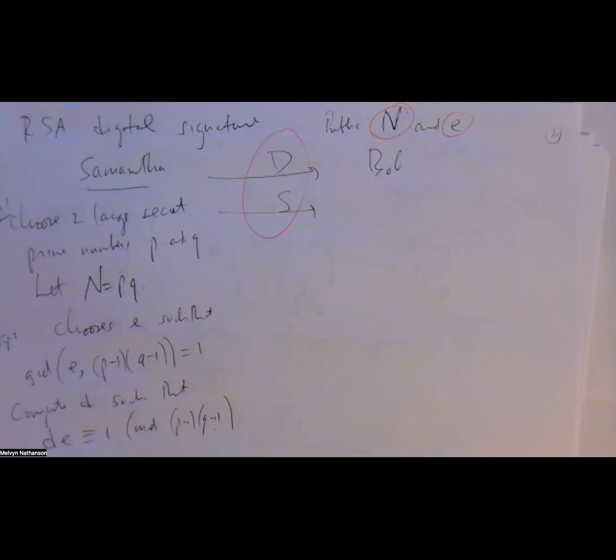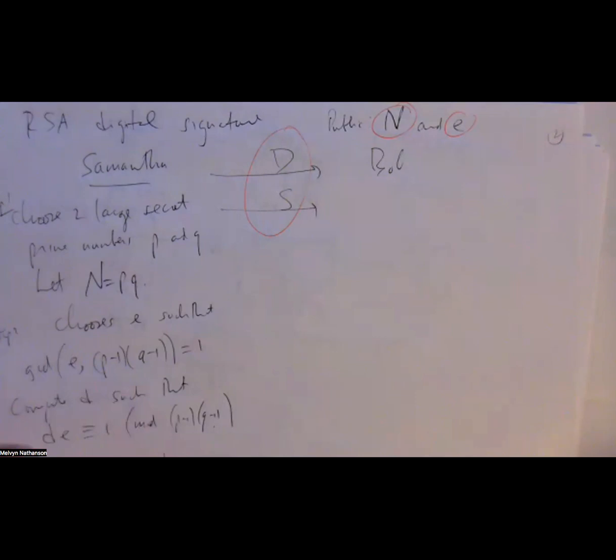And Bob has to verify the signature is valid. So the verification scheme is the following.